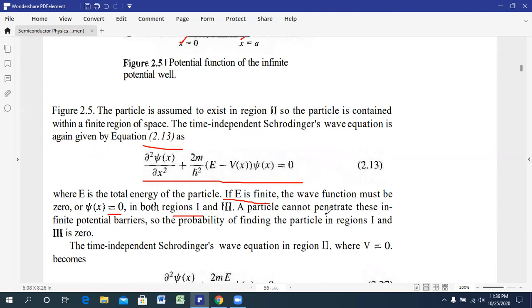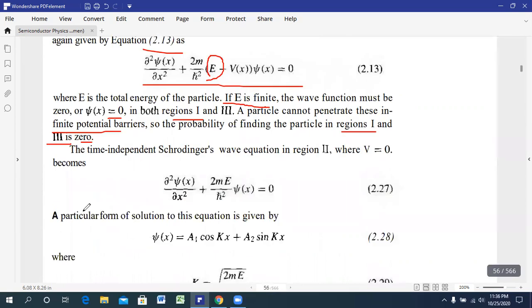So a particle cannot penetrate this infinite potential barrier. The probability of finding the particle in region 1 and in region 3 is 0. So if this E value is a finite value, the wave function must be equal to 0.